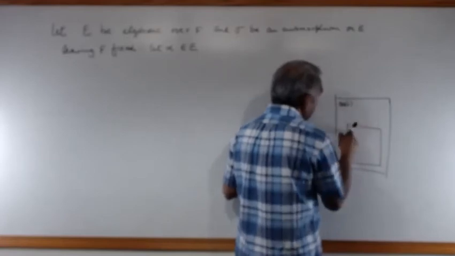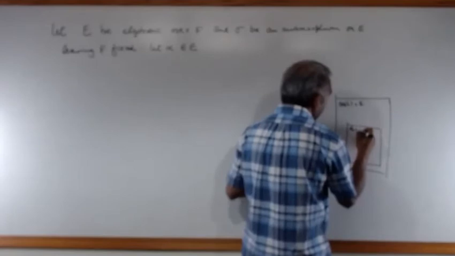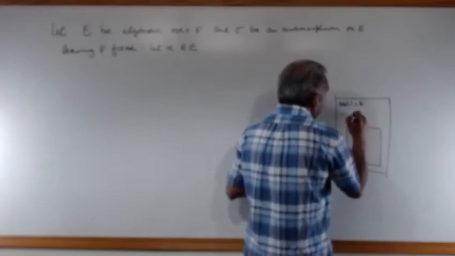Q root 2 is algebraic over Q. This is our E, this is our F. And root 2 belongs to E.